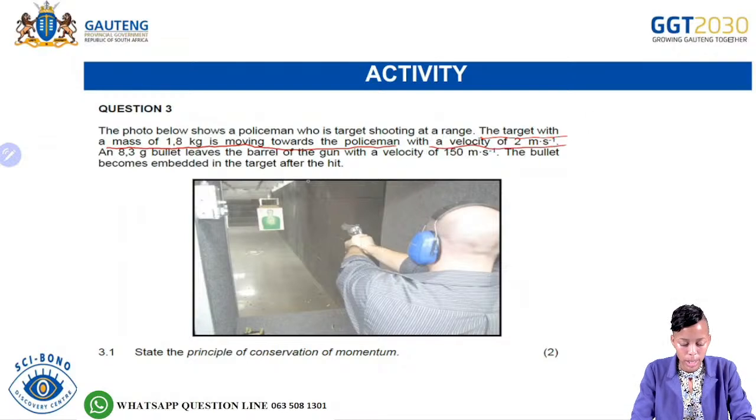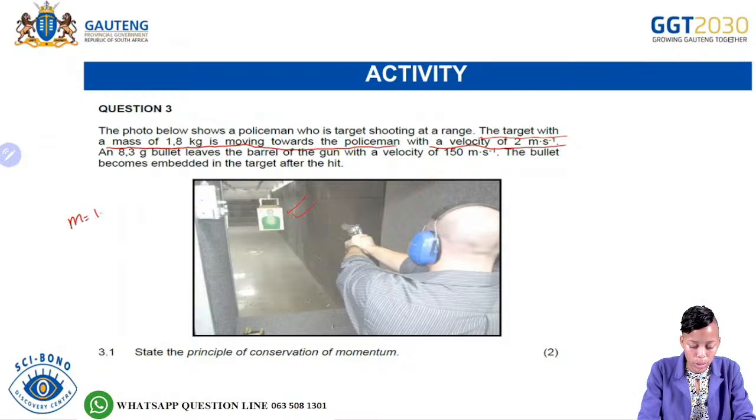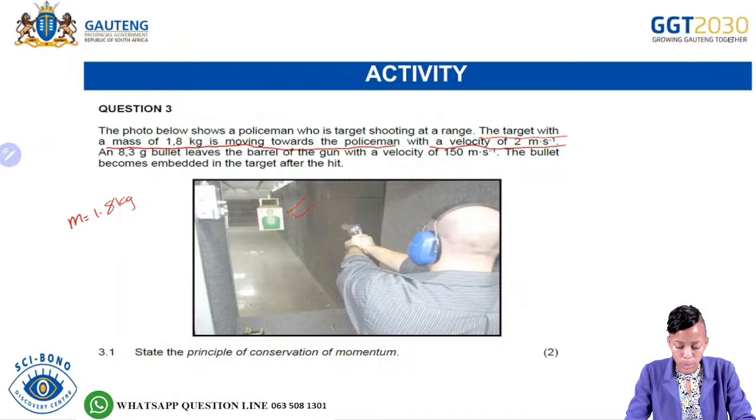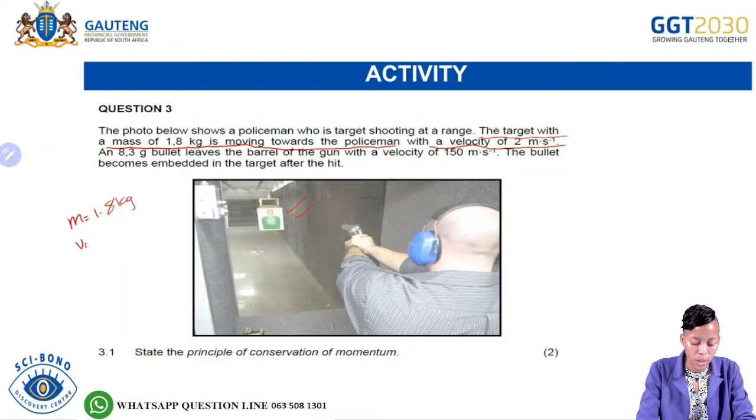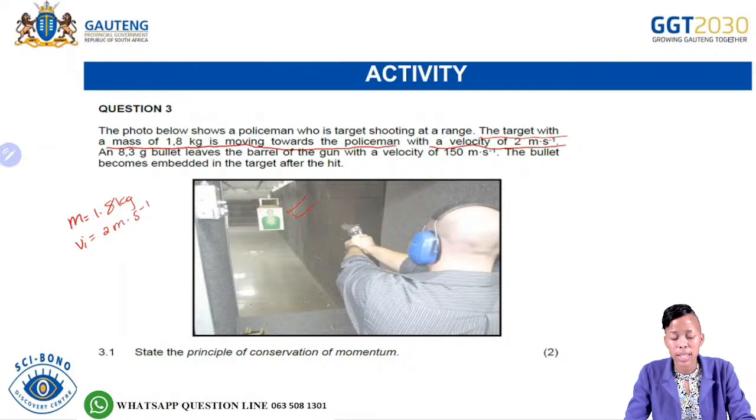So we have a target here, and this target has a mass of 1.8 kilograms, moving towards the policeman with a velocity of 2 meters per second. So we have an initial velocity there of 2 meters per second.